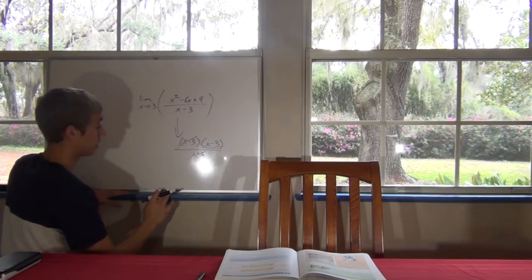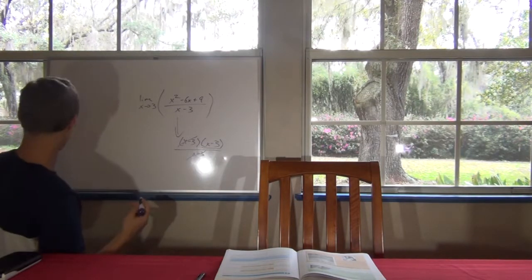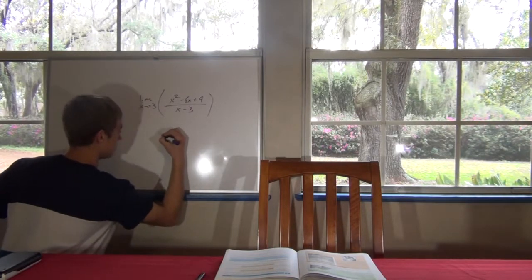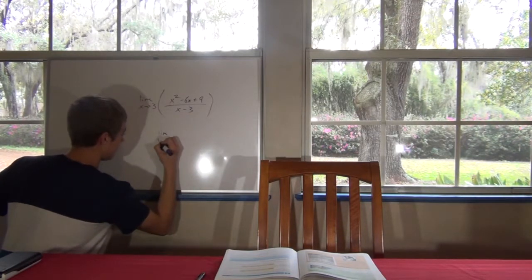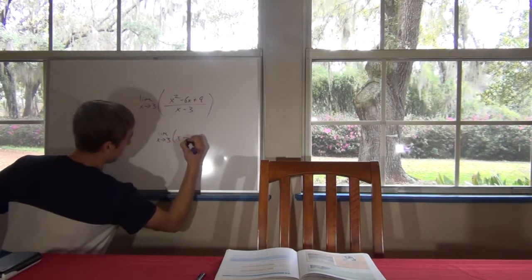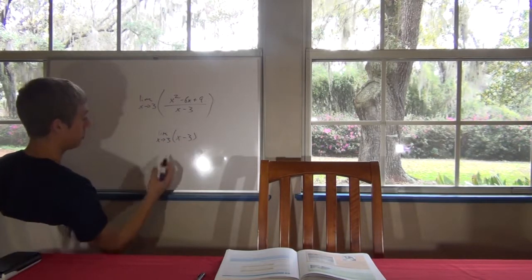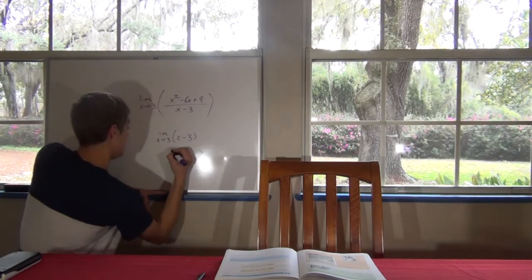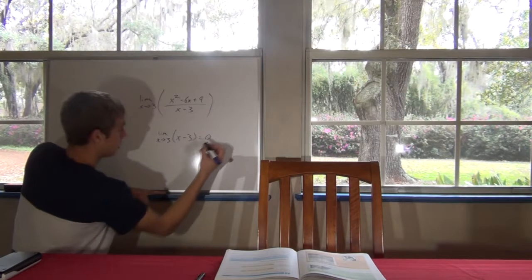Once we're left with x minus 3, we say, okay, we've now got the limit as x approaches 3 of x minus 3, which is pretty straightforward. Now you can put it in because you don't have any issues with the denominator, and you see that this equals 0.